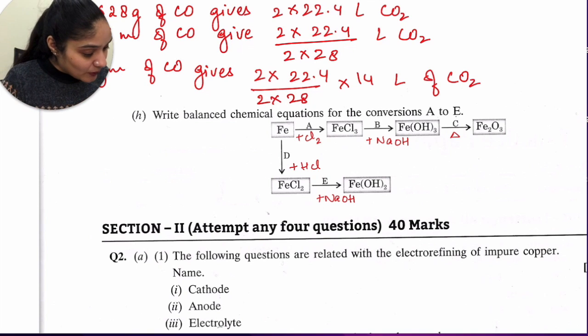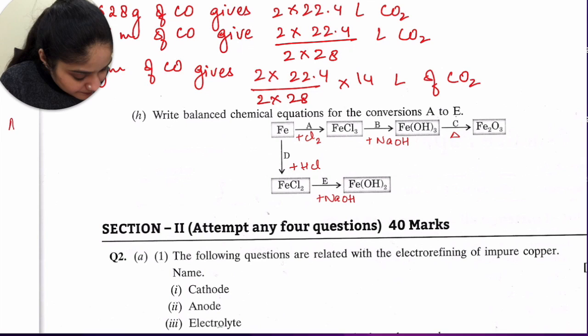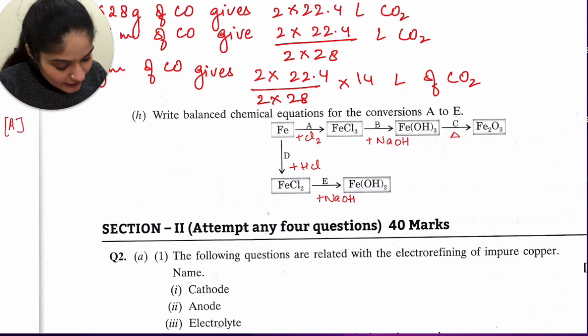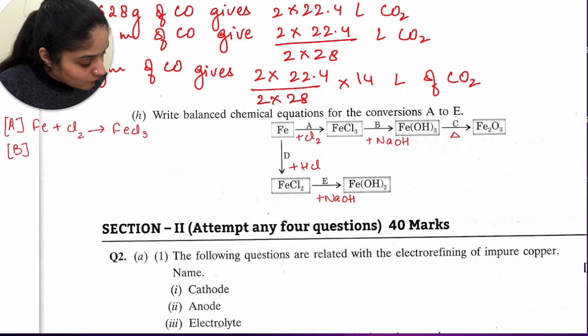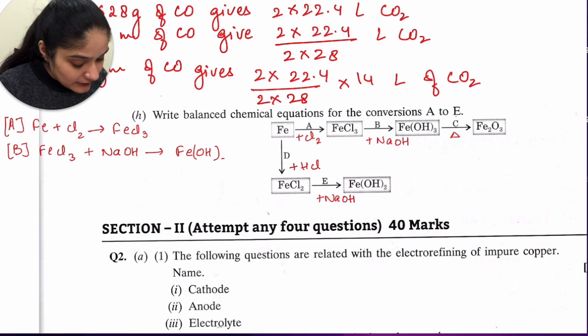So let's look at equation number A. Equation A is iron combining with chlorine Cl2, that will give me ferric chloride. Then equation B will be FeCl3 combining with NaOH, and that will give me Fe(OH) whole thrice plus NaCl.